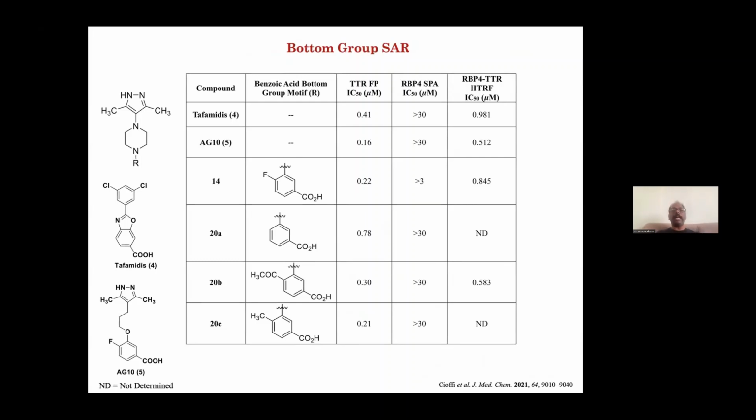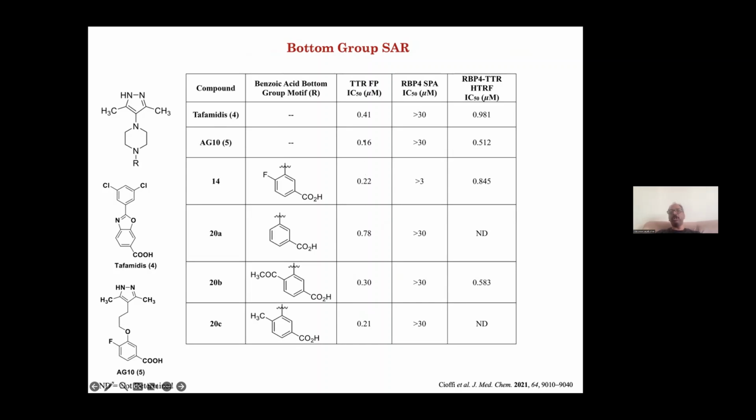And these are the activities of our compound. You can see for RBP4, the reported compound tafamidis is 410 nanomolar, and AG10 is 160 nanomolar. And our compound 14 is almost equal to AG10.